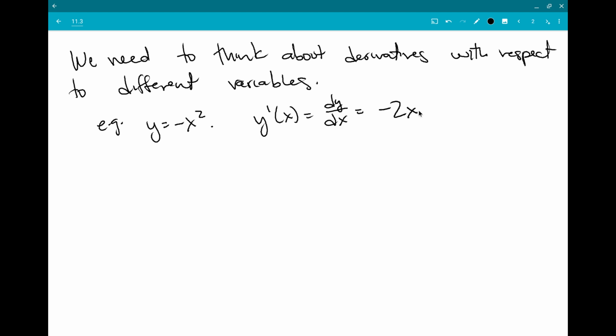And you would just get minus 2x when you calculate it. And this is the derivative of y. That's what you would have called it before, because we never really needed to specify that it was with respect to x.